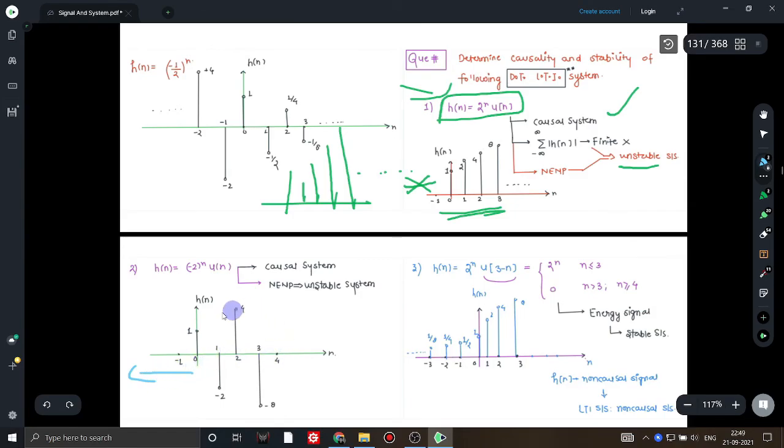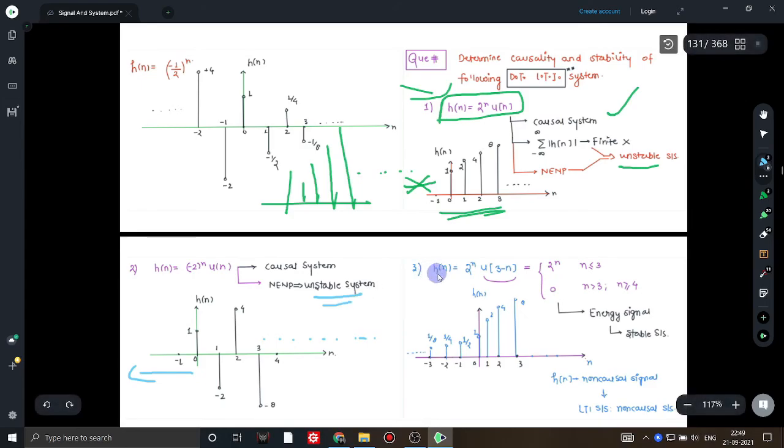The whole graph starts from t equals 0. But it is unstable. Why is it unstable? Because it keeps on increasing, there is no stop. It keeps on increasing up to infinity. So that's why it is an unstable system.